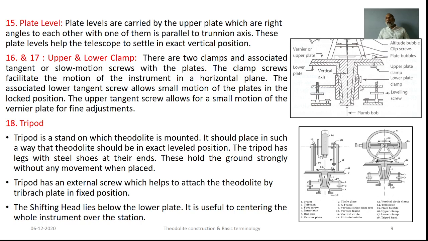Whenever we are making use of the lower clamp or the upper clamp, there could be certain small deviations as far as constructional aspects are concerned, but here there is a provision of upper clamp, lower clamp, upper tangential, and lower tangential, and the way we discussed earlier, we can make use of these screws simultaneously in order to facilitate the reading operations.